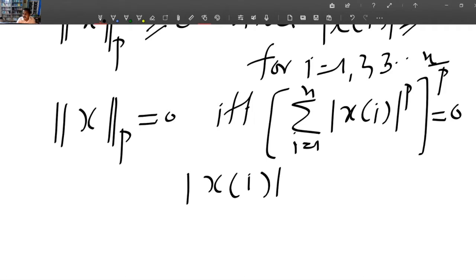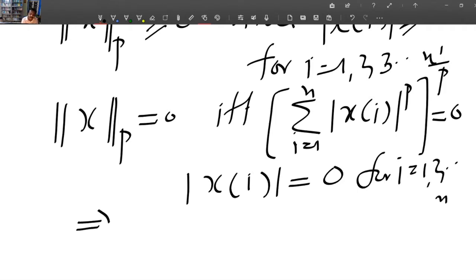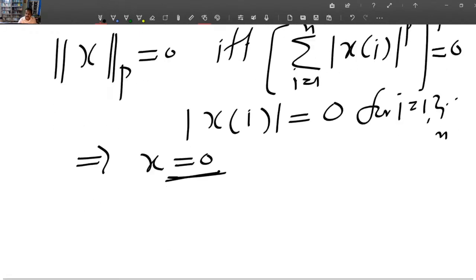So this sum is equal to 0 if and only if each x of i equals 0 for i equal to 1, 2, etc. n. So this implies x equal to 0, because x is actually x of 1, x of 2, etc. x of n.